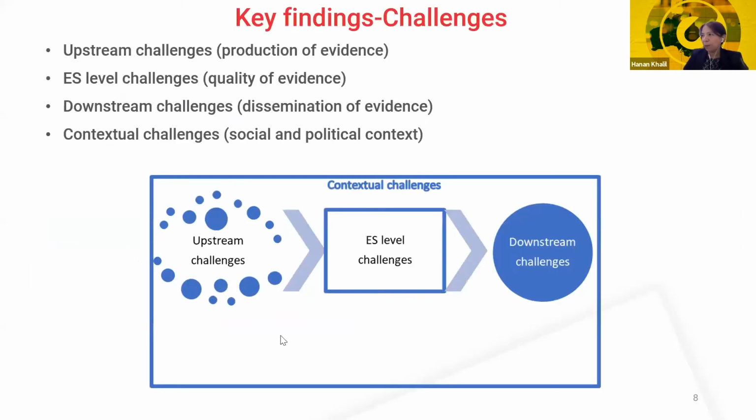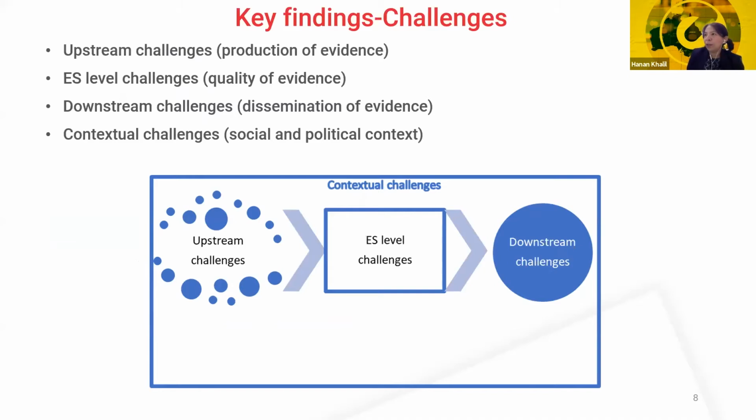What we found, we tried to categorize some of our challenges, so into upstream challenges, ES level challenges, downstream challenges, and contextual challenges. So we found that there were lots of these challenges to do with the production of the evidence.